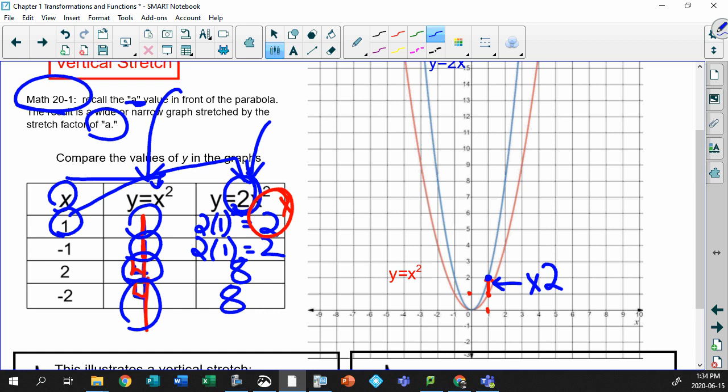Don't believe me? Watch this. Let's go to 2. 2 we know right here gives you 4. Multiply that by 2. Watch what happens. We are stretching this value all the way up to here to 8. So 4 times 2 gives us this new value of 8.